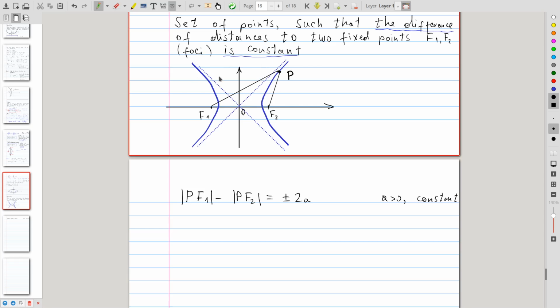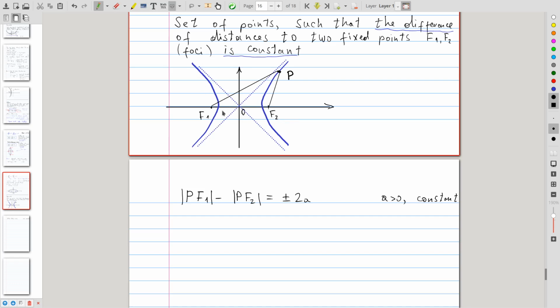As we just explained, if the foci are taken to be symmetric with respect to the origin, we have two branches of the hyperbola, such that any point from the right branch, as shown here for P, will be closer to F2. Any point in the left branch will be closer to F1.